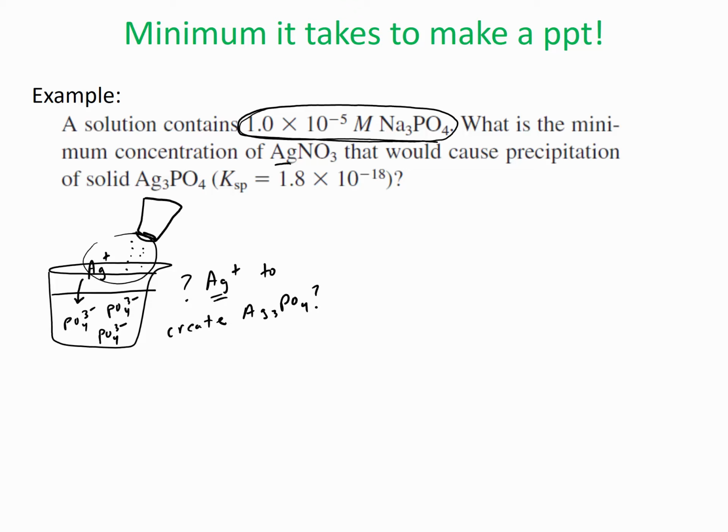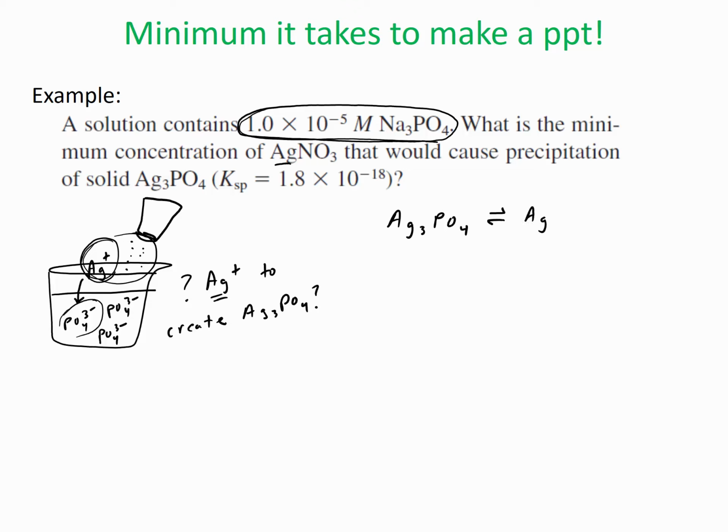So how much of this do I need to add? The problem's asking for molarity, and I'm kind of referring to this as moles. But how concentrated do the Ag plus ions need to be to cause precipitate? So it's important to write out an expression. An ice table is not necessary, but the expression makes us get the exponents right.